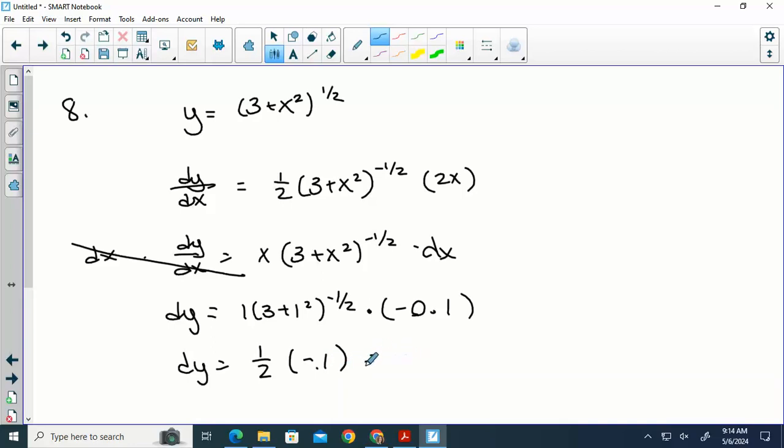So 0.5 times negative 0.1 would be negative 0.05. Questions there?